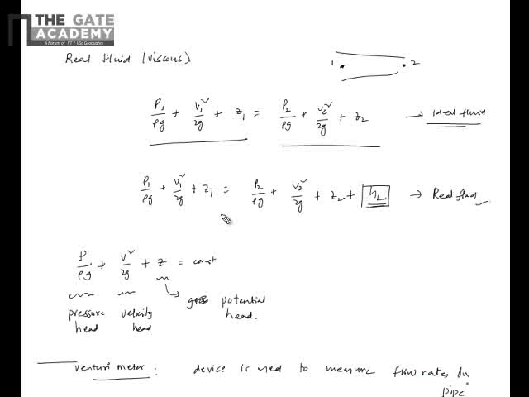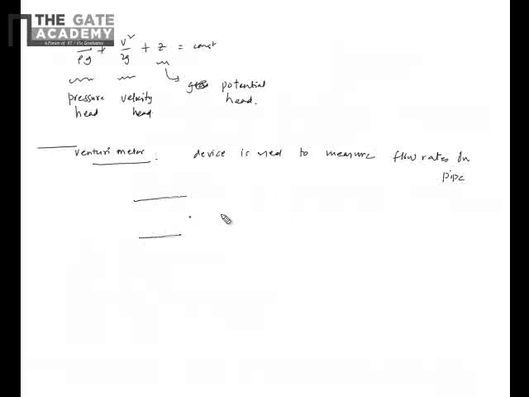What you do is you have a pipe, and somewhere you connect something called a Venturi meter, which has a convergence section and a divergence section. So you have point 1 here, point 2 here, and then again bringing back to the normal pipe. So 2 diameters, and flow is taking place in this.